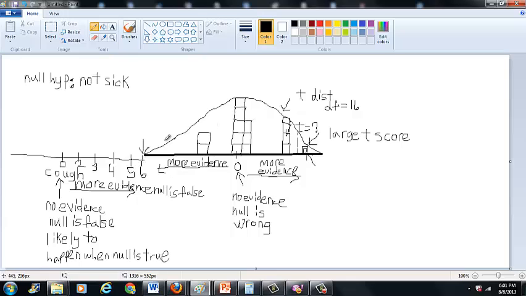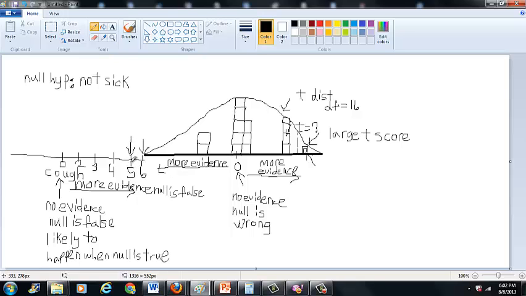And at a certain point in this number line, you could imagine there being a critical value, which is the point where the null will be rejected. And you could say, if I cough 5 times in the same day, this is the point where I consider myself to be sick.